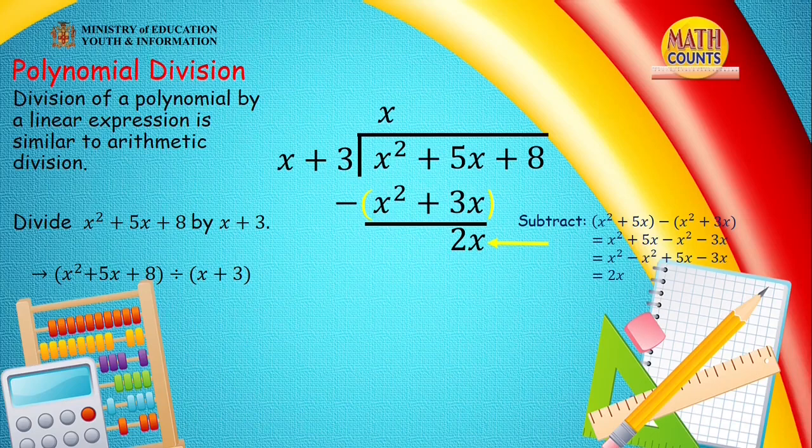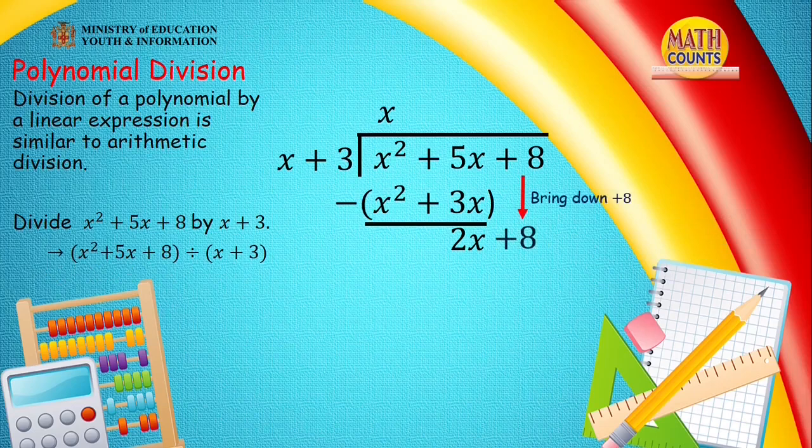When we distribute the minus sign, that positive x squared becomes negative x squared, and that positive 3x becomes minus 3x. Then I grouped our like terms. So x squared minus x squared cancels, plus 5x minus 3x. The difference is 2x. Now we bring down the 8. So we have the expression 2x plus 8.